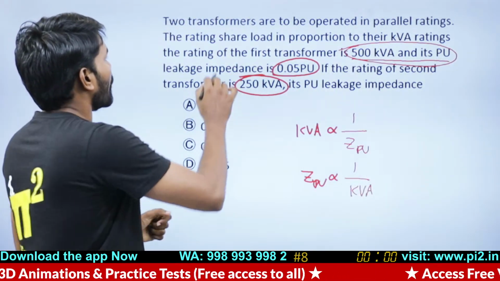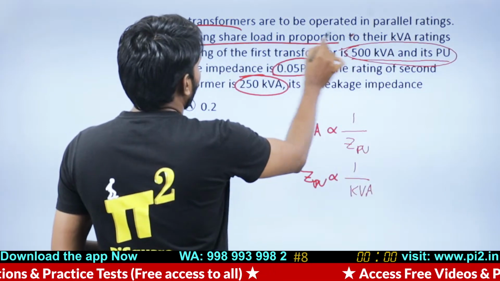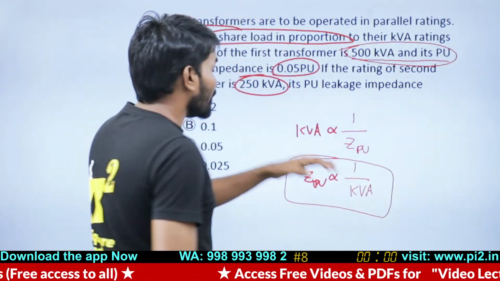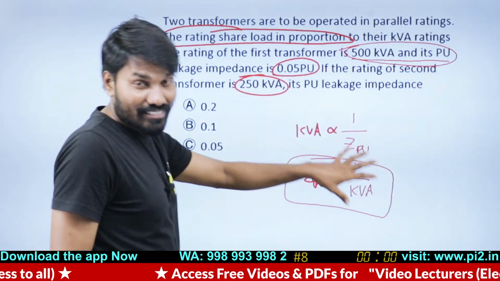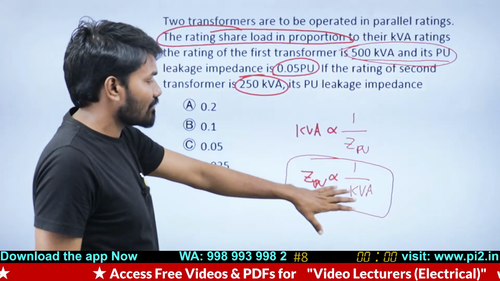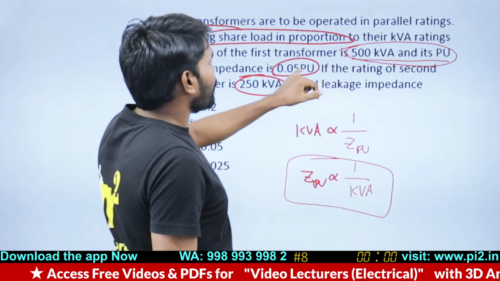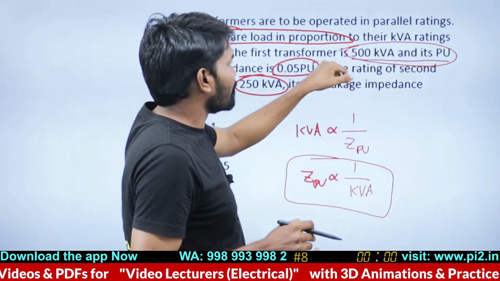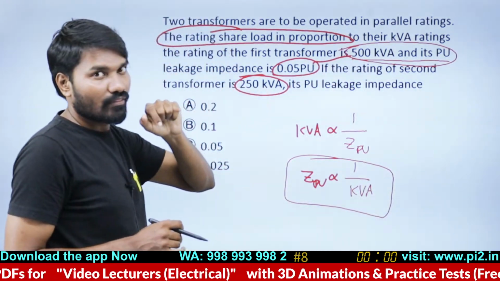For the proper sharing of the load, proportional sharing of the load, this must be the condition with respect to their own bases. Careful, when I'm saying 0.05 per unit, there has to be a base. The base is 500 kVA.